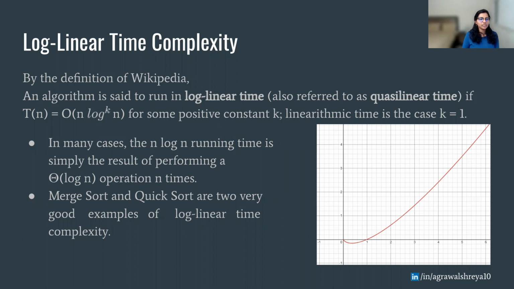So what happens in merge sort when we have, let's say, an unsorted array to sort? When we are sorting, we take a particular value as a reference point.